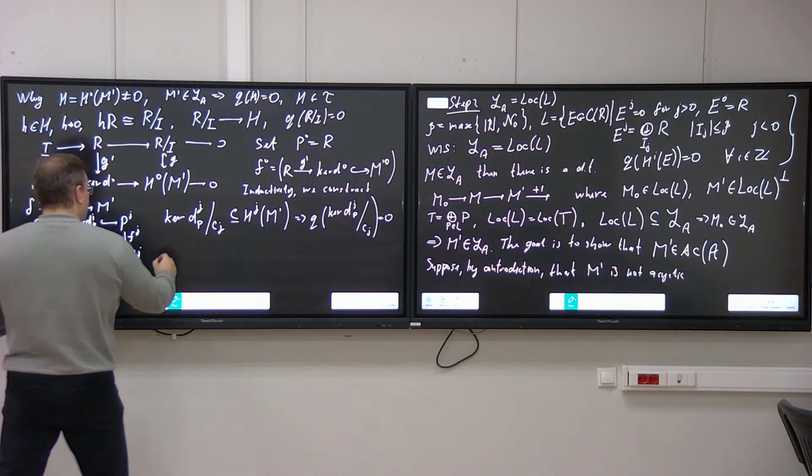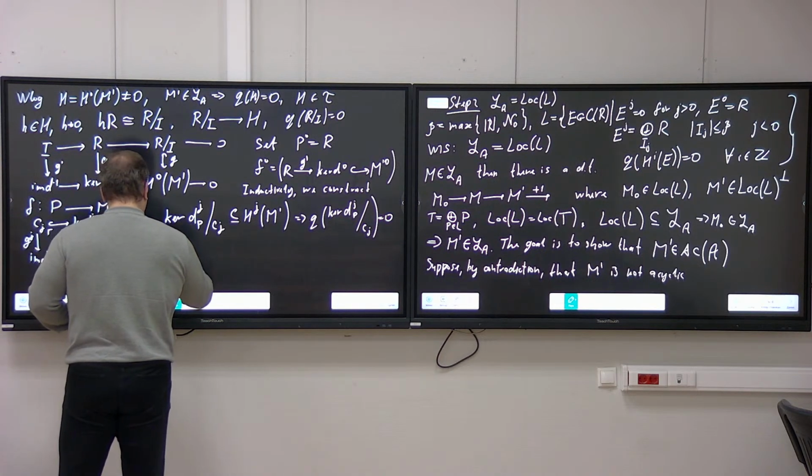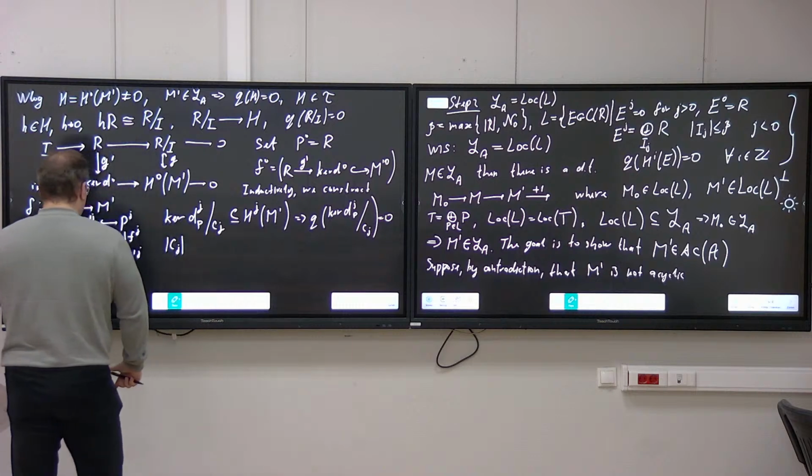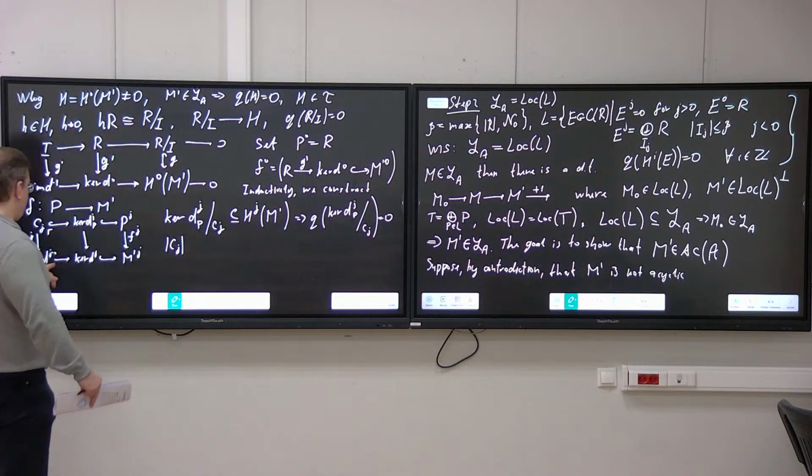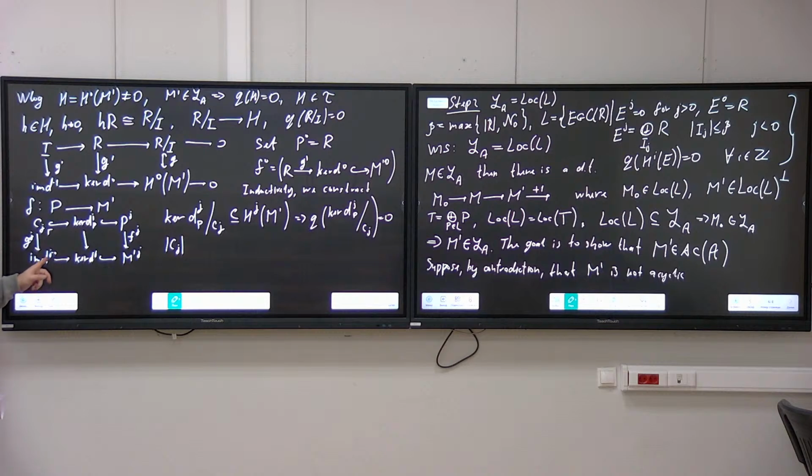Okay, so then the observation is about the cardinality of the Cj. Why do we have the inclusion of the cohomology in Bj into the cohomology Hj of M prime? Well, because I have this pullback diagram, right? The cohomology here will be the kernel of this map, and this quotient is the kernel of this map.